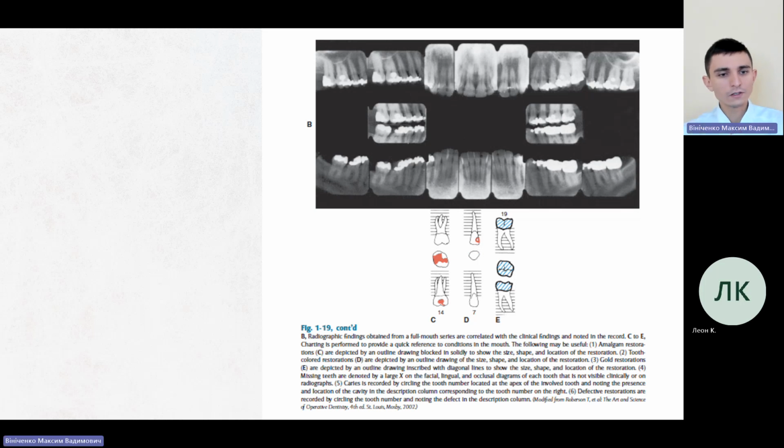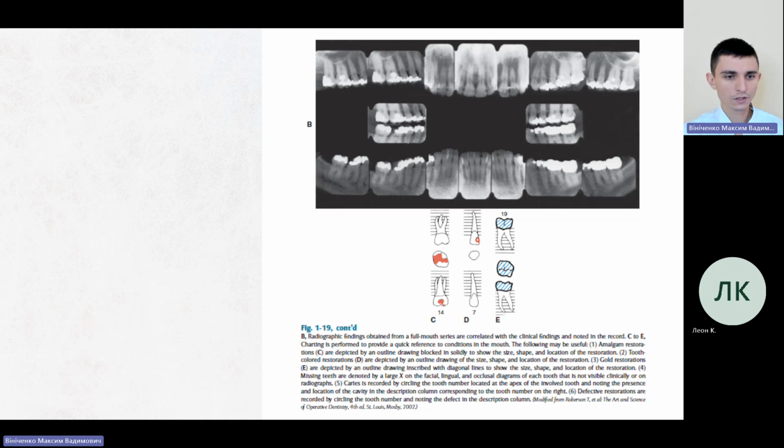You can see radiographic findings obtained from the full mouth series are correlated with the clinical findings and noted in the record. Charting is performed to provide a quick reference to conditions in the mouth. The following may be useful.